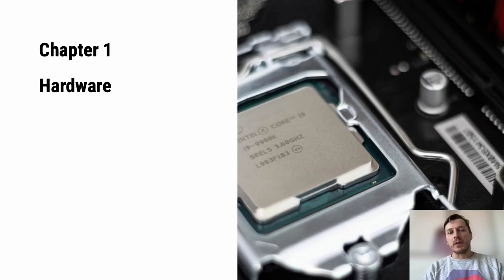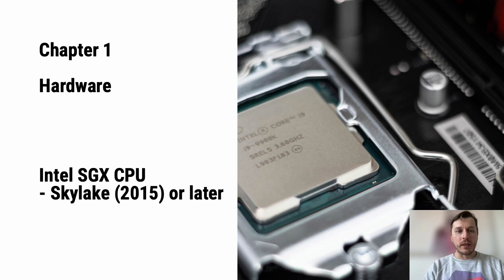So what kind of ingredients do you need? Of course, hardware. And as mentioned before, in this talk, it's all about Intel SGX. So you definitely need an Intel CPU, starting from Skylake onwards, that has been introduced around 2015.